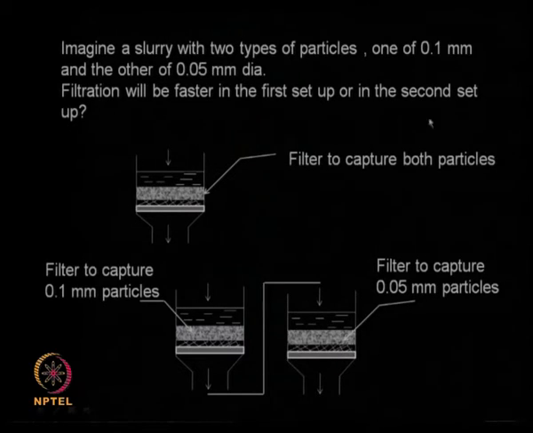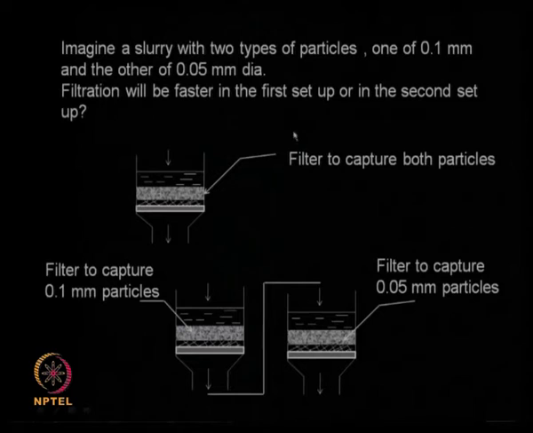So you have two systems: one system where the holes are very fine, so both 0.1 mm and 0.05 mm are captured. In the other you have two filtration units, where the first holes are very coarse, so only 0.1 mm is captured, and 0.05 escapes, which is captured in the second filter.